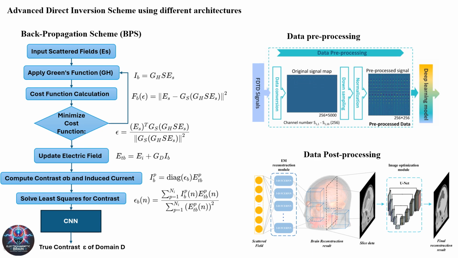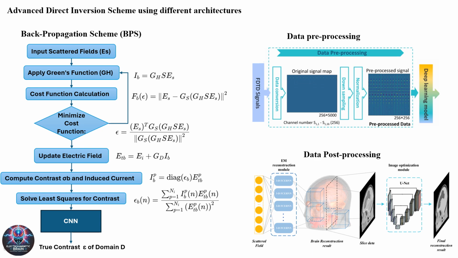Although it is possible to train a CNN to directly regress from the measured scattered fields E_S to relative permittivity εr, the learning process can be simplified by first performing non-iterative inversion algorithms before training. BPS is one such method based on CNNs, designed to address the inverse scattering problem with enhanced precision.